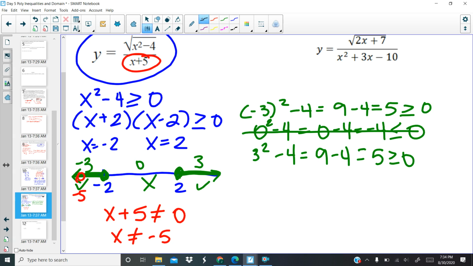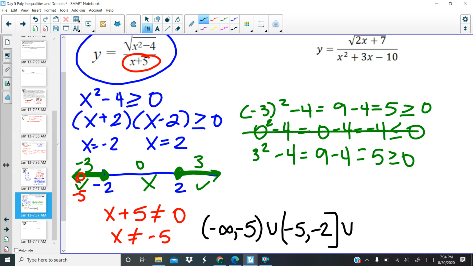So then if we write out our entire domain, we start at negative infinity, go to the number negative 5 because we can't include it, use a parenthesis there, and then we're going to union and start again at negative 5, go to negative 2. At negative 2, we do want to include it, so we put a bracket, then another union.